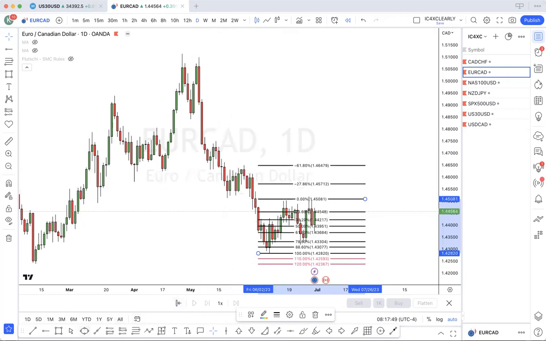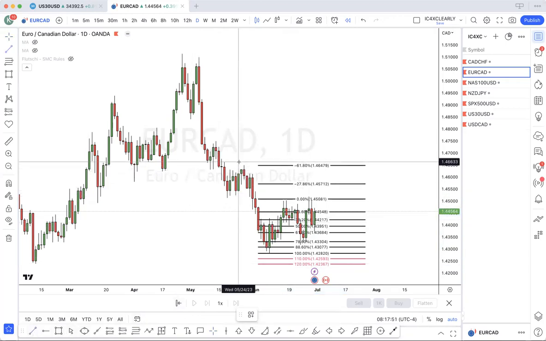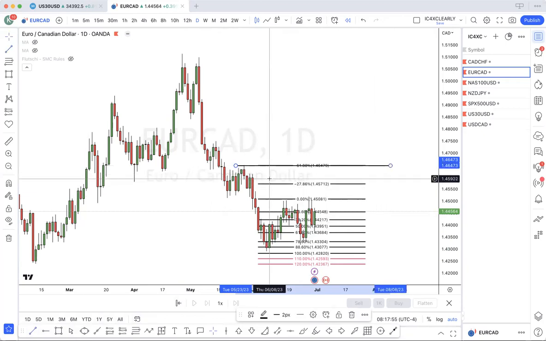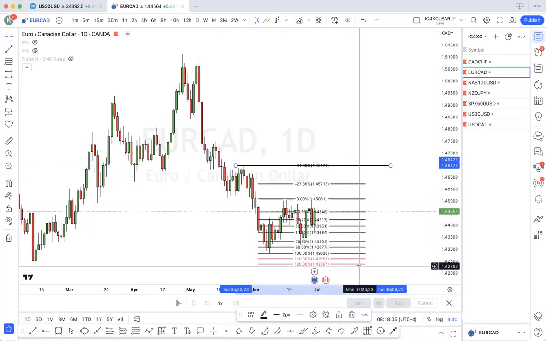If it breaks this macro high, then I would definitely be looking for sales. Until then, I will be looking for price to come back to this area, to this zone, for a continuation of a sell.